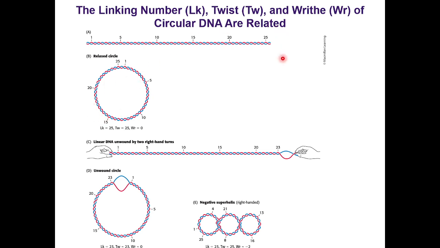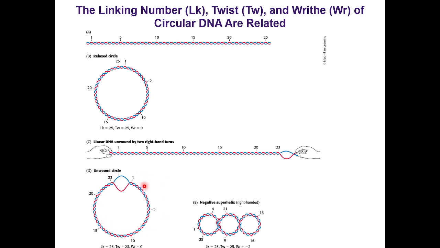So what if we take that DNA right here and we go ahead and untwist it a couple coils? So we go from 25 to 23. See that? So we untwist a bit of it. Kind of like you would do for wiring, right? I need to untwist some, so I got some loose ends to work with. Okay, so this would be the, again, unwound circle. And again, we have the 1 to 23.